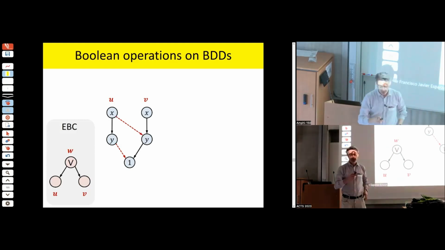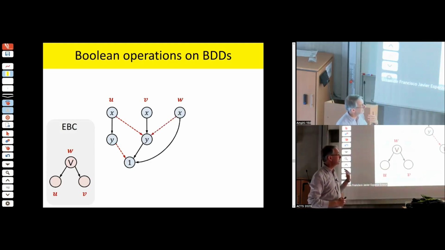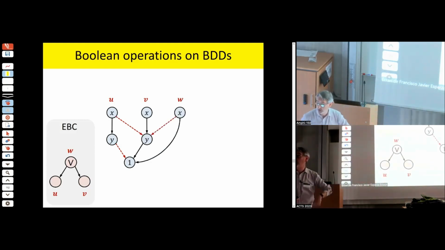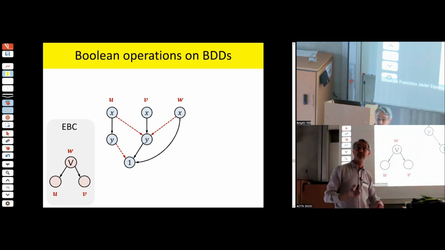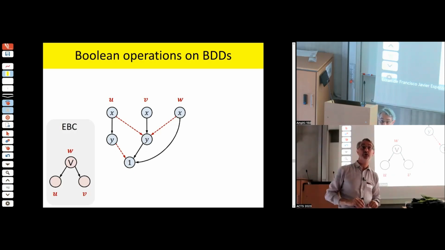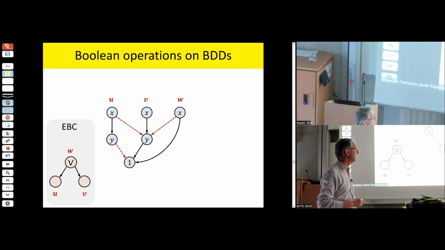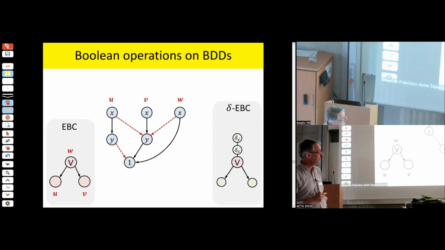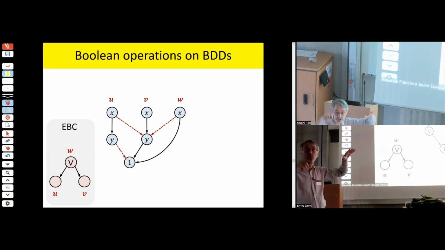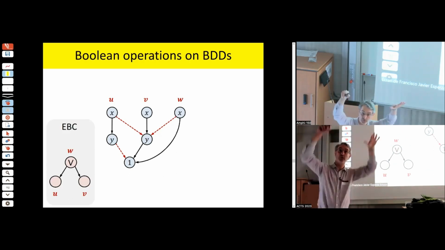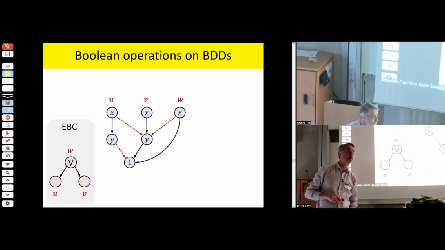I hope you remember that this is going to be the solution, and how to compute it. There is an algorithm which, given two BDD nodes, computes a BDD node for the OR, okay? And if you remember, the algorithm works recursively. It goes from top to bottom.